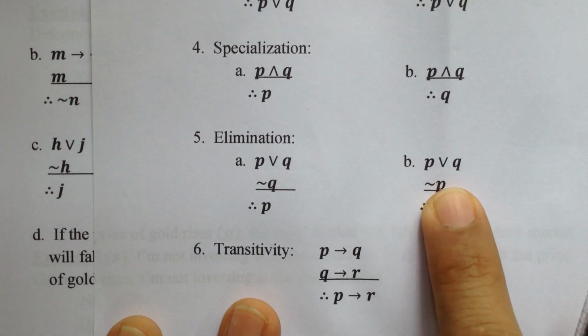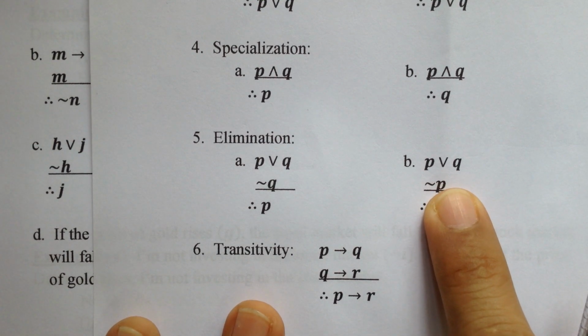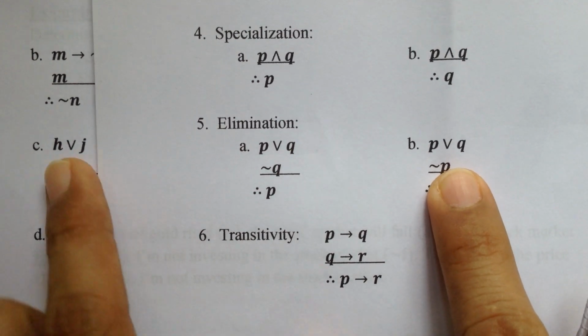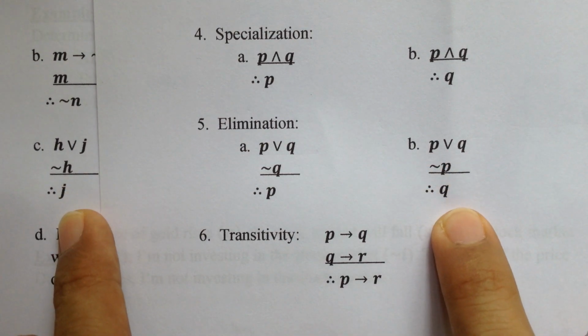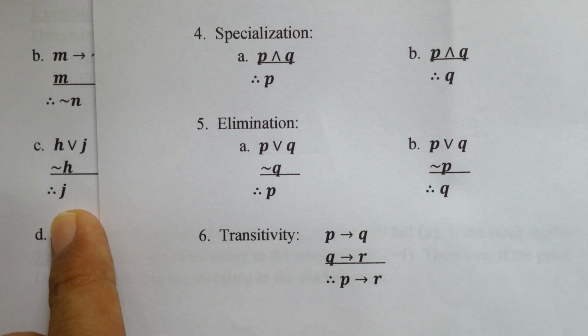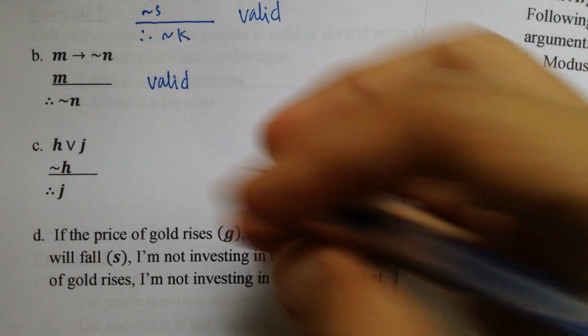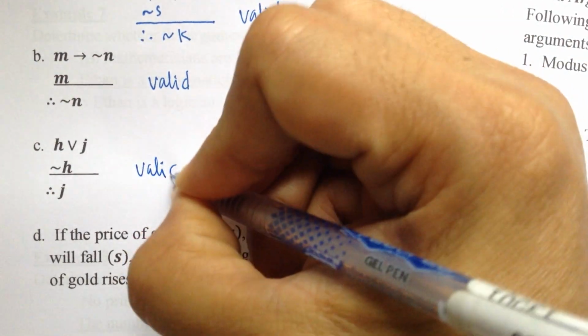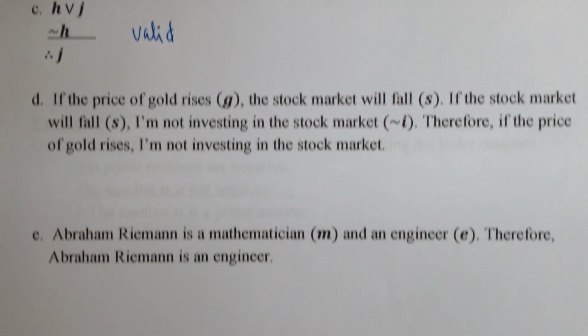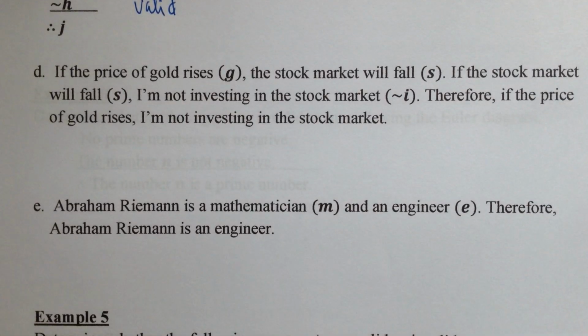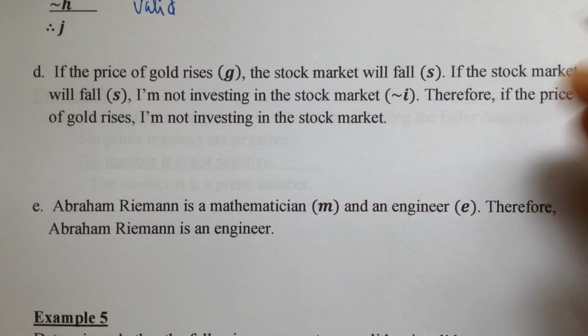This one, okay? P or Q, this is your P, this is your Q. The negation of P, therefore Q, right? So it is similar to that, that's why this is valid.